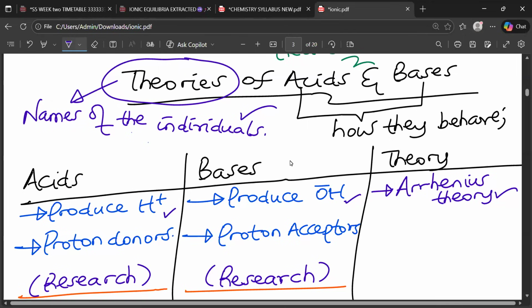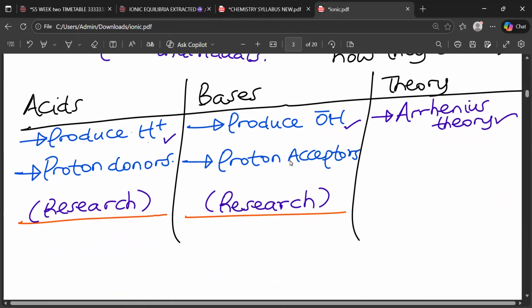So provided our equation is in such a format, you just need to learn these things and appreciate them. No one is going to examine Arrhenius. They really examine application of these things, but they are part of the syllabus, so we have no option. So when we say Arrhenius theory, we mean that the person who brought that perspective of hydrogen ions and hydroxide ions was called Arrhenius.